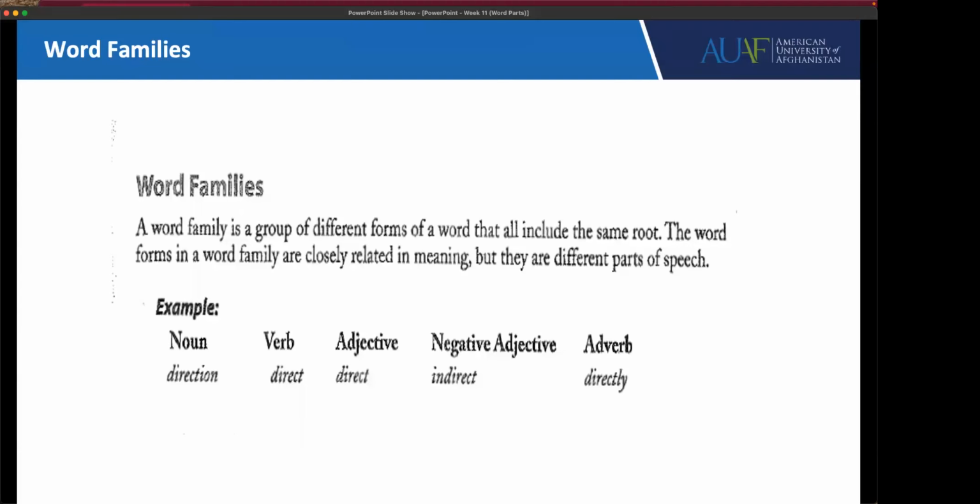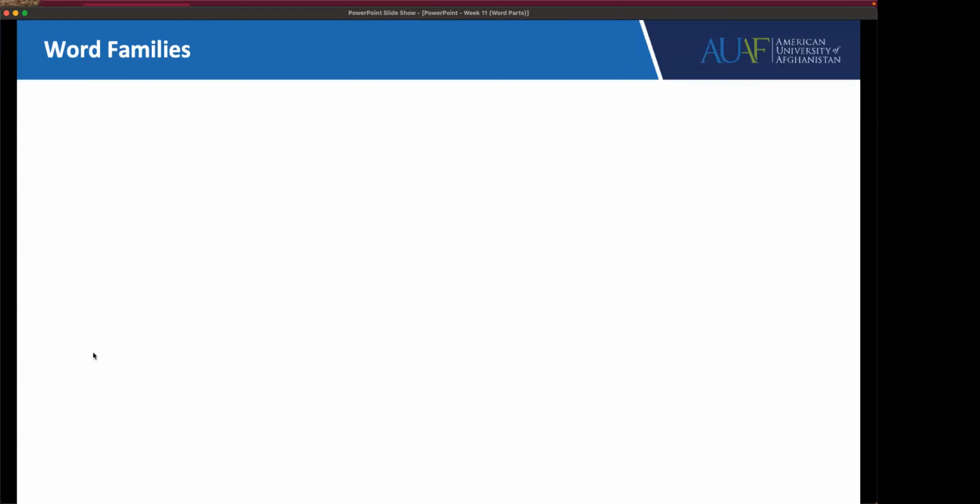The words in a word family are closely related in meaning, but they are different parts of speech. Example, noun: direction; verb: direct; adjective: direct; negative adjective: indirect; and adverb: directly. And we've been doing a lot of this with the AWP, right? So you're very familiar with this.